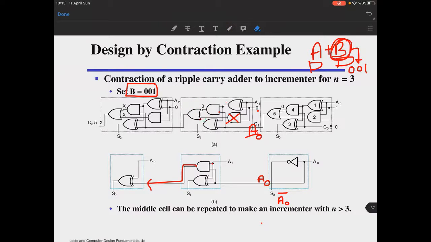Great. And what about your sum out here? Sum 1, like a signal. This one is what? It is A0 and A1 coming here and XORed together, which is your S1. Great. So this is what we have here, and this one is coming right here, but I won't have a carry out here because it's an incrementer.